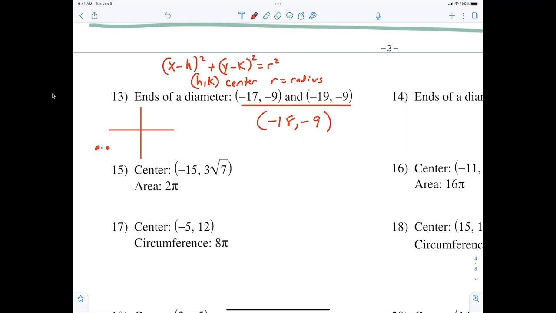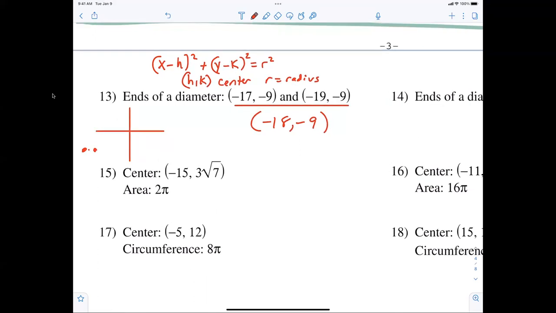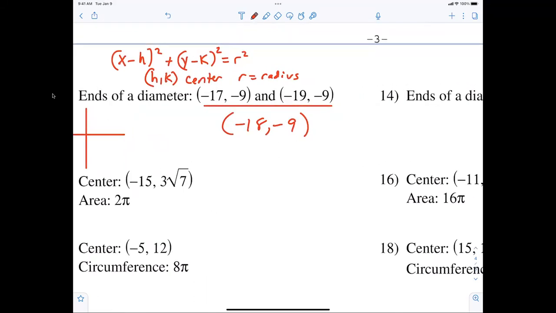If we didn't want to graph it, we could also say that the center is called the what? We would say not average necessarily, but the midpoint. It's always the midpoint.